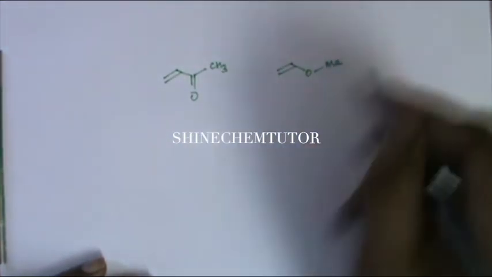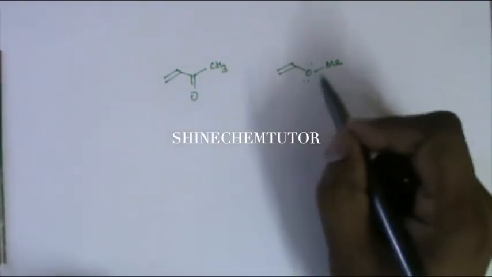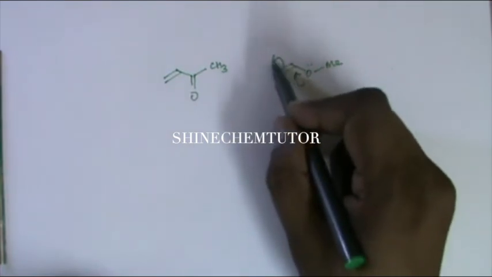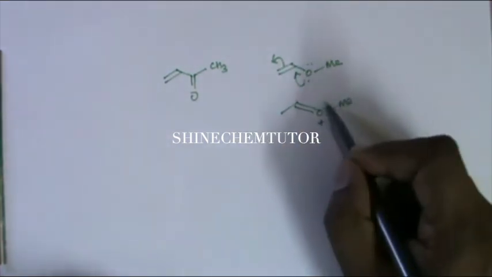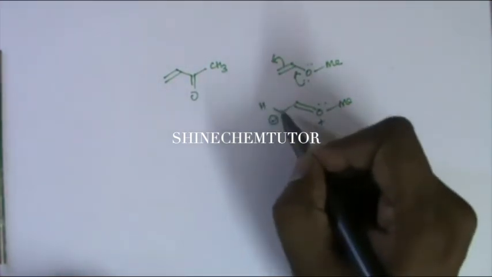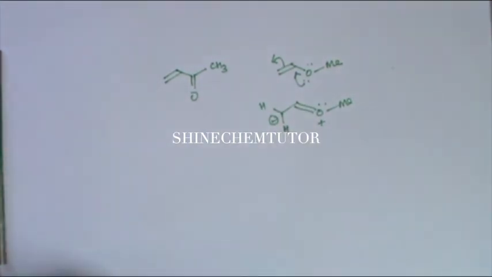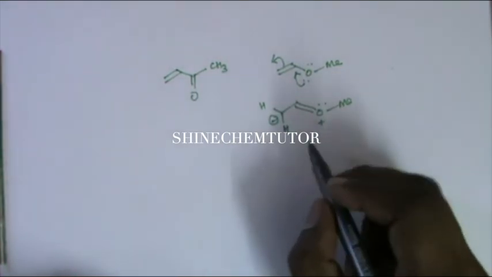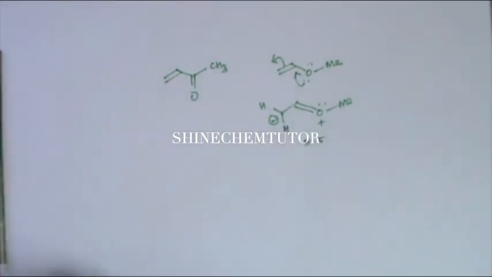Not only for that compound, even if you take these two compounds, because of the resonance, we get a minus charge on this carbon. There are two hydrogens on this. These two hydrogens are expected to appear around 5.5.